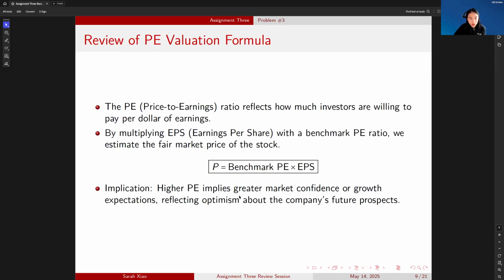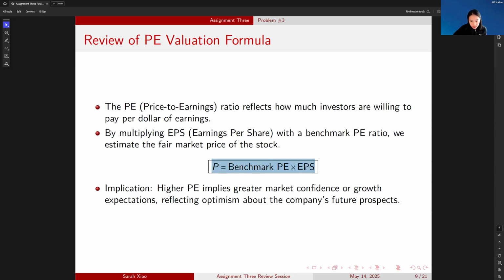All right, so we want to first review the PE valuation formula. The price to earnings ratio reflects how much investors are willing to pay per dollar of earnings. By multiplying the earnings per share with a benchmark PE ratio, we estimate the fair market price of the stock.